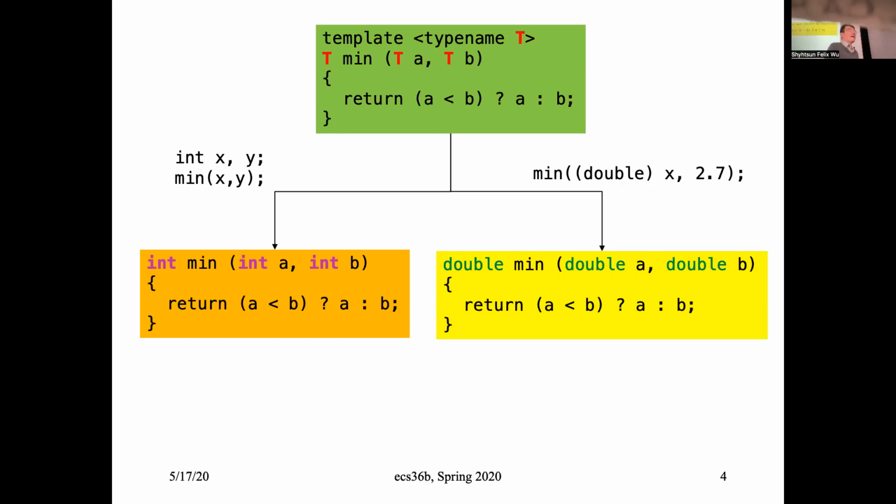On the other hand, they're handling different types of objects. The orange is handling the comparison between two numbers and then returning the smaller number for integers, while the yellow is actually comparing two doubles.